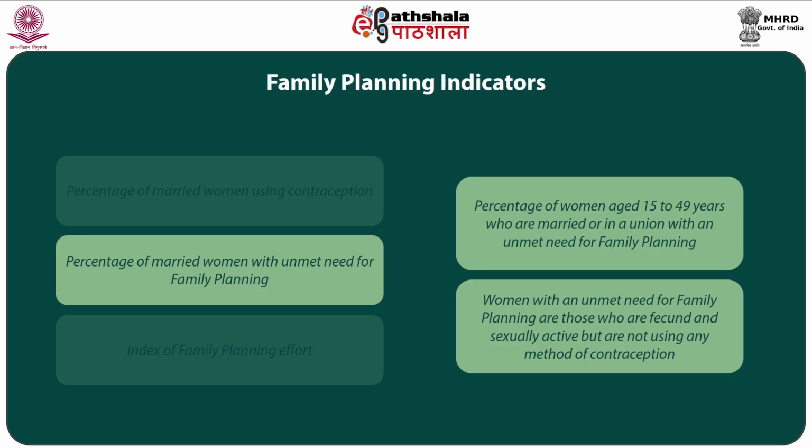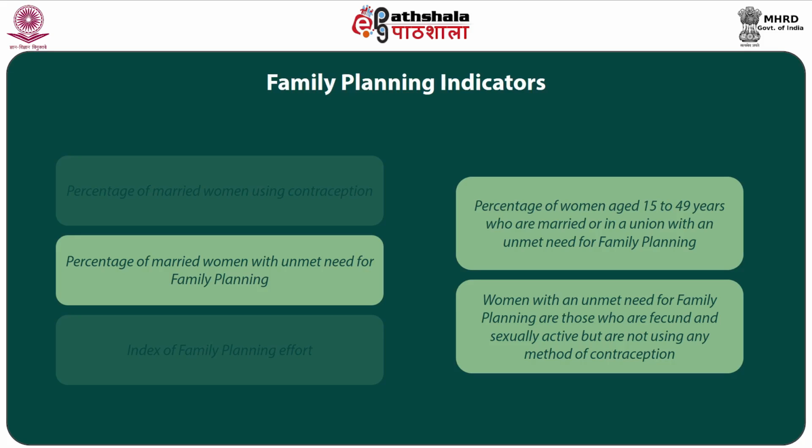And then how to define the unmet need for family planning? The definition is that women with an unmet need for family planning are those who are fecund and sexually active, but are not using any method of contraception, although they report not wanting any more children or wanting to delay the next pregnancy.